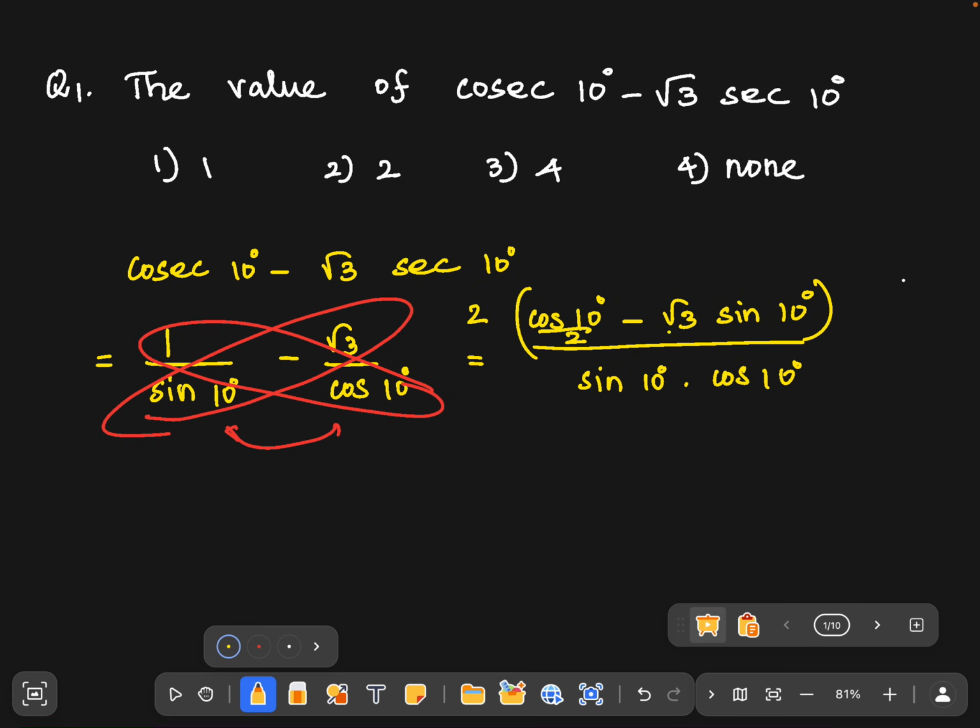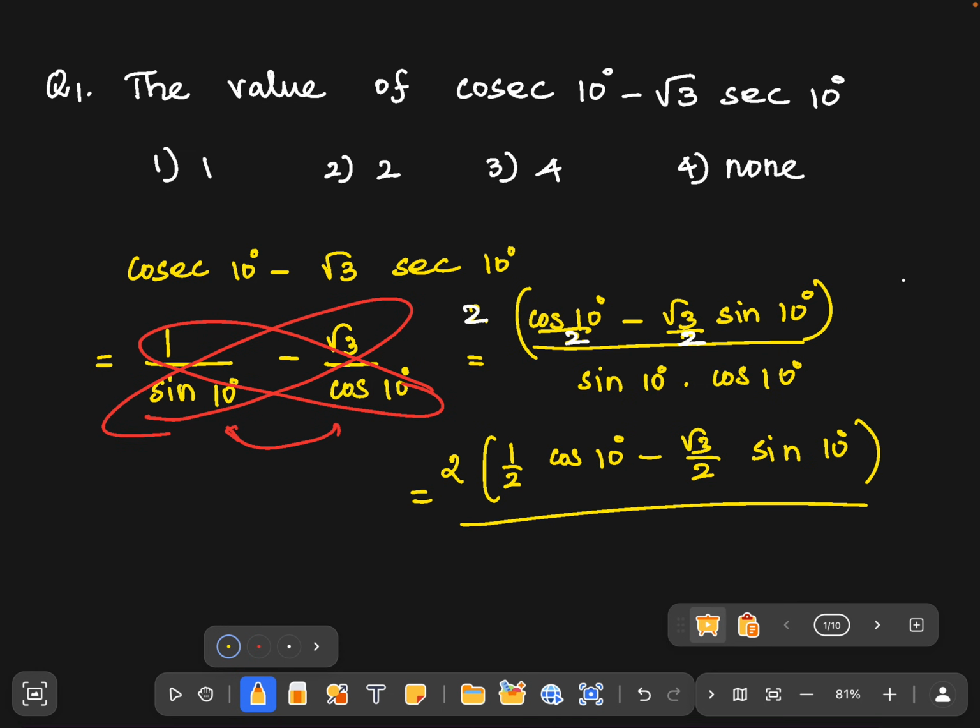Next, I am going to multiply by 2 and divide by 2 also. So 2 is outside, and here we can write 1 by 2 cos 10 degree minus root 3 by 2 sin 10 degree, then divided by sin 10 degree into cos 10 degree.